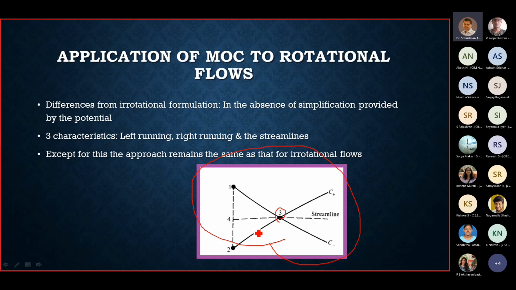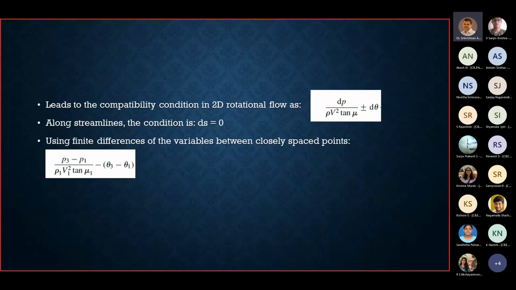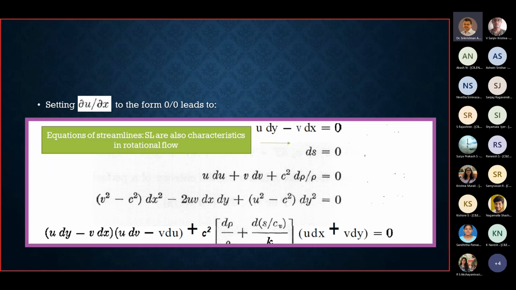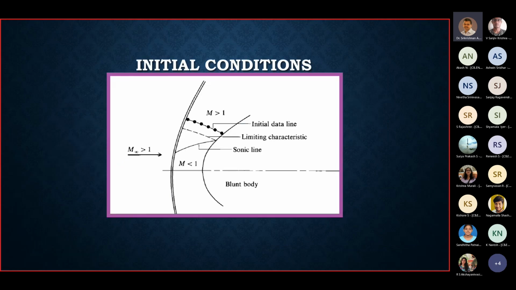This is the method that is used particularly in hypersonic flows, where rotationality of the flow field is also important, and we cannot assume the flow to be irrotational. I'll probably skip the formulations for the rotational part, but it's just a set of equations following the same method with the addition of the streamline.